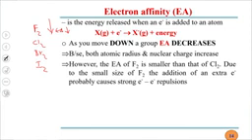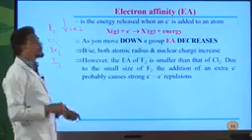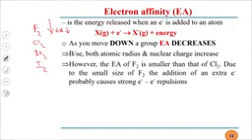But here, you should know that chlorine has higher electron affinity when compared with that of fluorine. What is the reason? Because of the size of fluorine. Fluorine has a smaller size. Due to this reason, chlorine has higher electron affinity than fluorine. Bromine has less electron affinity than chlorine, and iodine has less than bromine, because down the group electron affinity decreases. This is the reason.